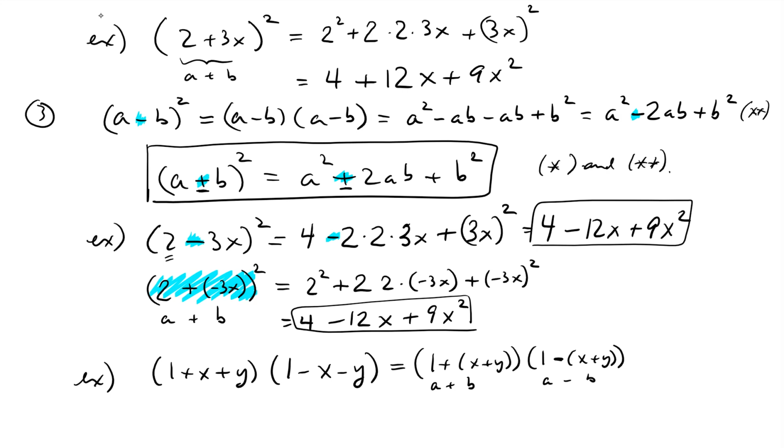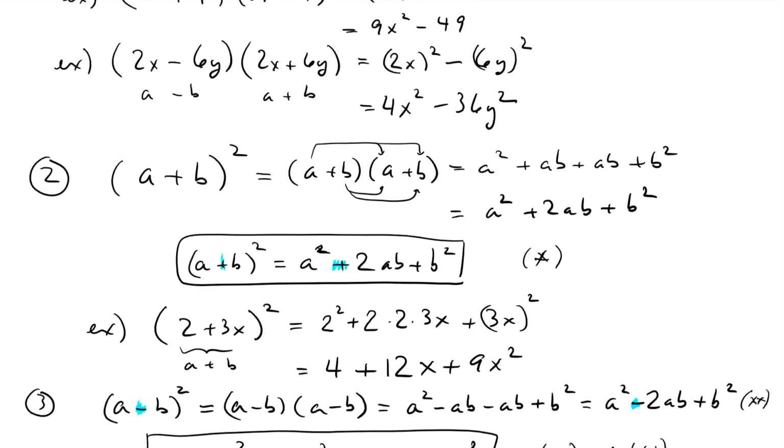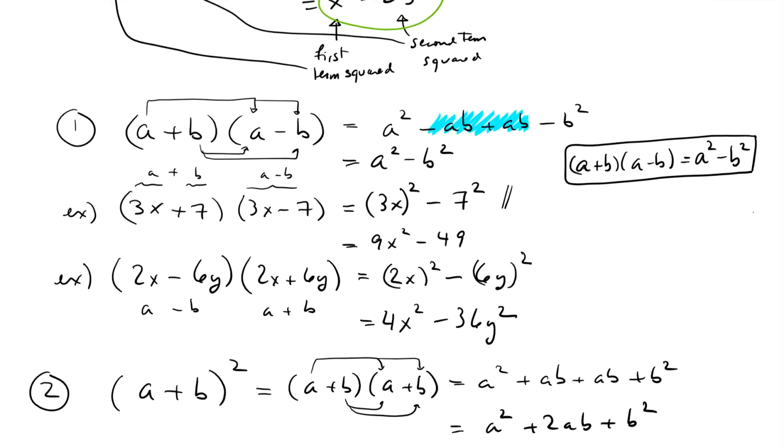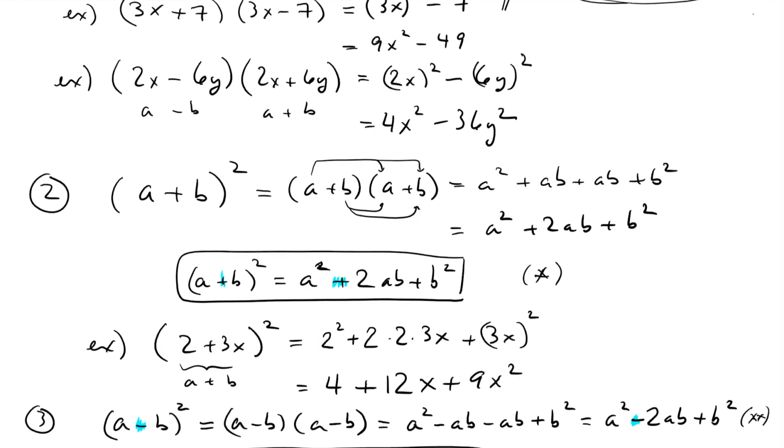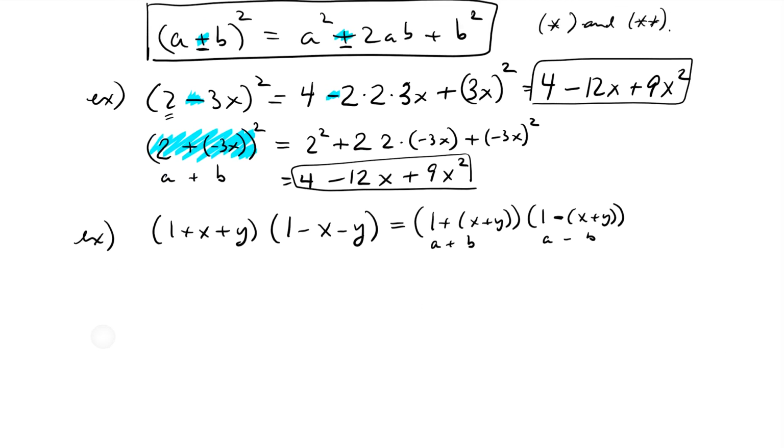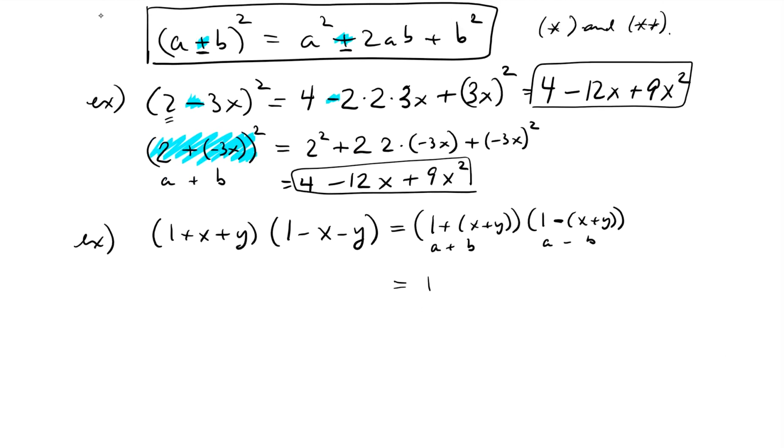Oh, and now I can apply my first formula, this one here. So it's going to be a squared minus b squared. So that's a squared, 1 squared, minus b squared. So that's 1 minus (x plus y) squared.